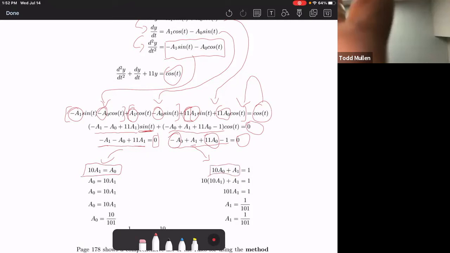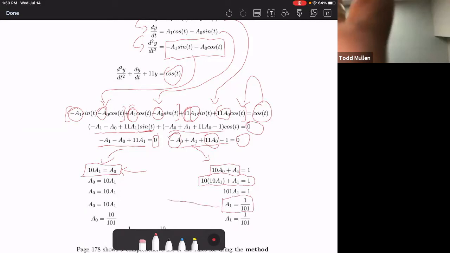Now we need to do a substitution. For a naught, we're going to plug in what we know a naught is equal to, which is 10 times a1. So over here on the right, we have 10 times 10a1 plus a1 is equal to 1. Well, that's 101 a1 is equal to 1. And we get that a1 is equal to 1 over 101.